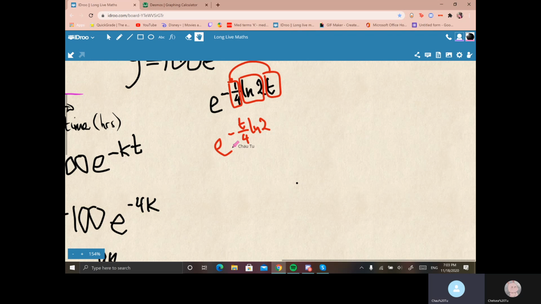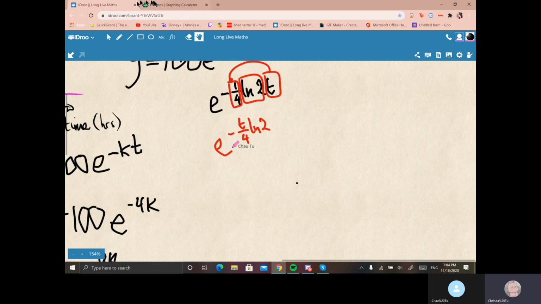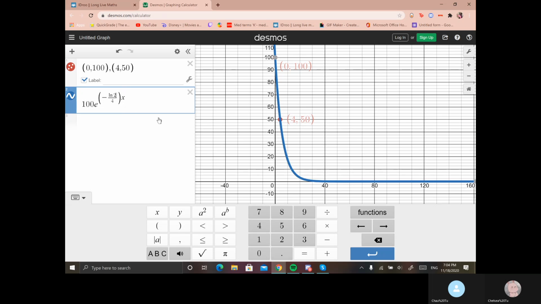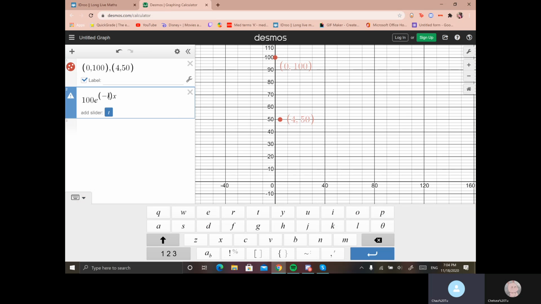Come on, so you're going to draw on Desmos. Chelsea, what are you waiting for? Yes, I'm here. That's it. Okay. Let's see. So why isn't it working?